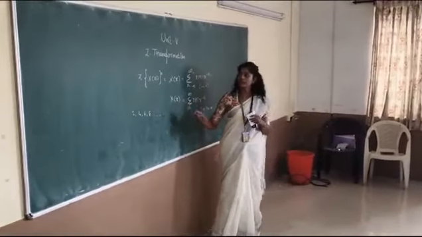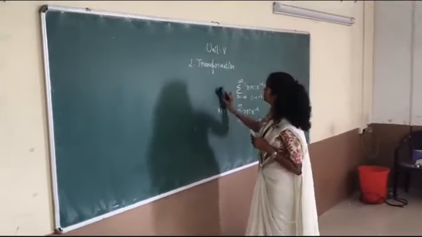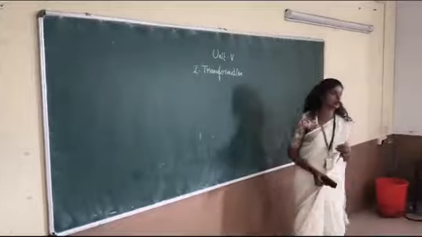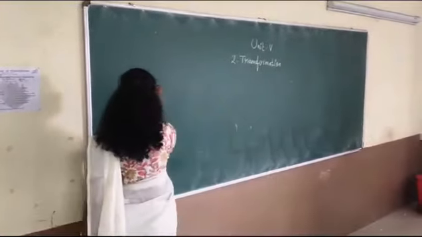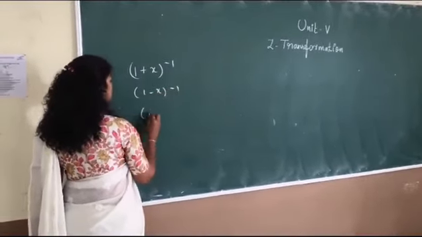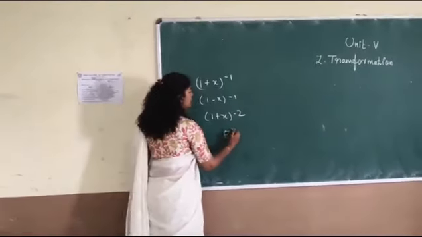First we are going to do some basic problems. Before entering into the problems, we need to know the binomial formulas. We have seen many binomial conditions in many topics: 1 plus x whole inverse, 1 minus x whole inverse, 1 plus x whole power minus 2, and e power x.